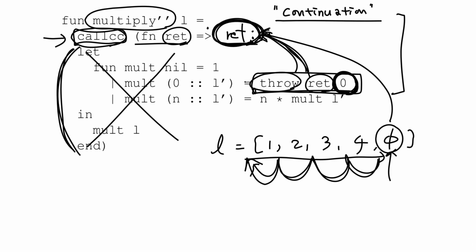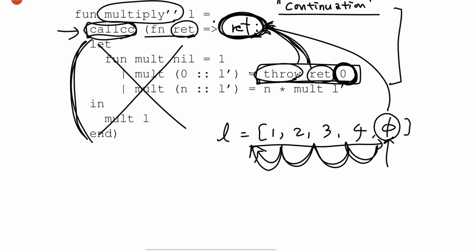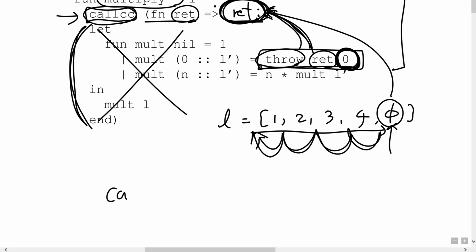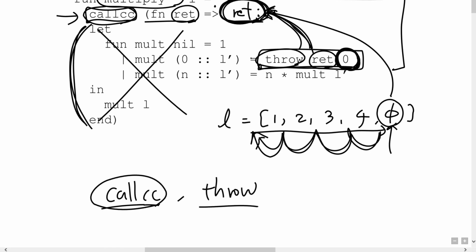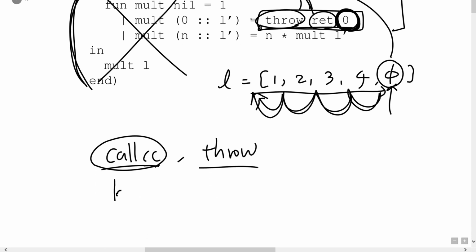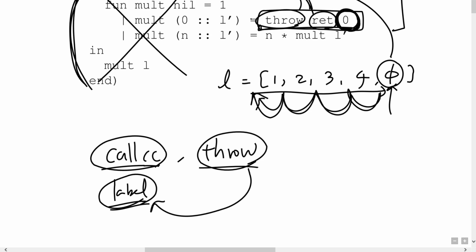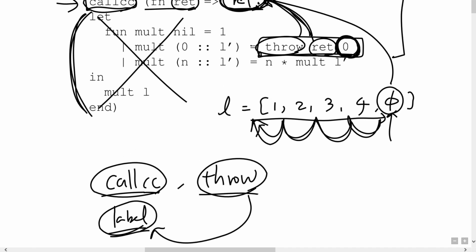So that's the informal introduction to this new construct, callcc and throw. Basically, callcc declares a control label, and throw allows us to transfer the control to this label with an argument like a 0 here.